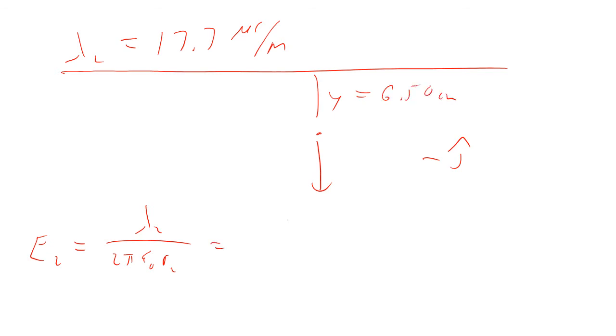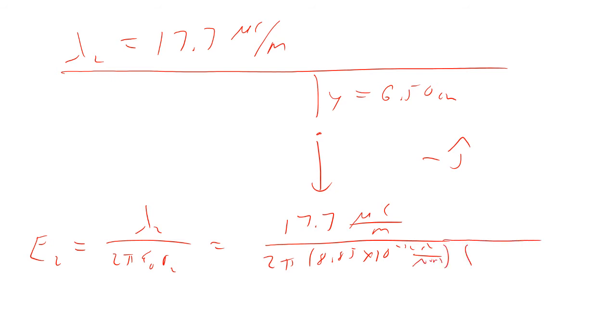So this comes out to be 17.7 microcoulombs per meter divided by 2 pi times 8.85 times 10 to the minus 12 coulomb squared per newton meter squared, and the R2 is 0.065 meters. And so the E2 vector is going to be minus 4,900 newtons per coulomb j.